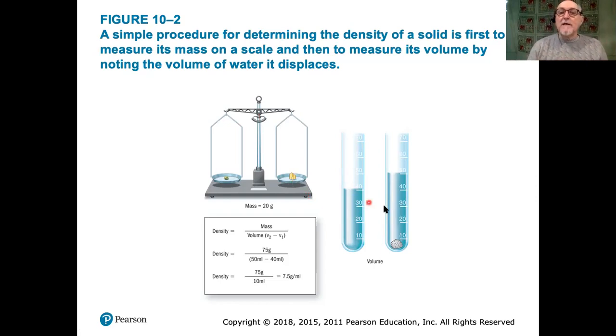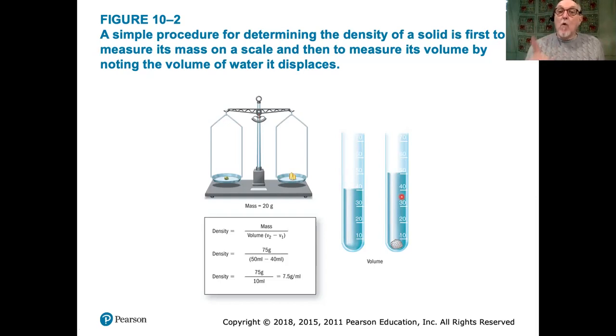But what we can do is drop it into a known volume of cold water. And here it goes into this little test tube. We start off at 40 milliliters. We drop it into the test tube and it displaces 10 milliliters of water at 4 degrees Celsius.